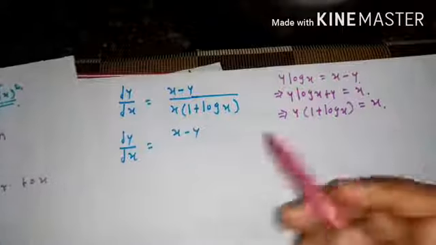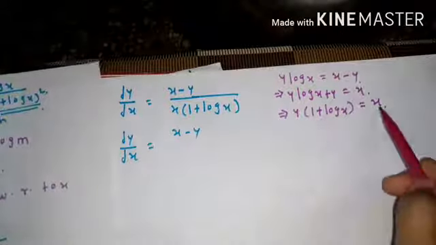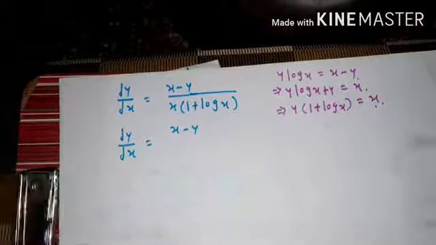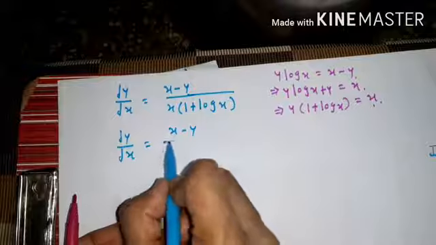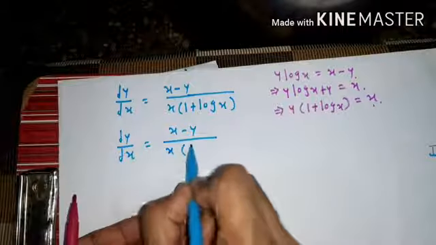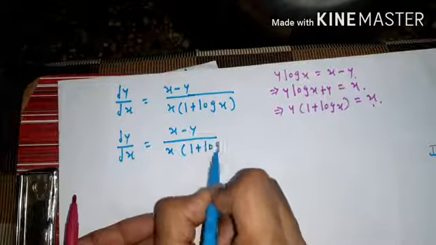So here we can put the value of x. Therefore, x minus y upon x into (1 plus log of x).